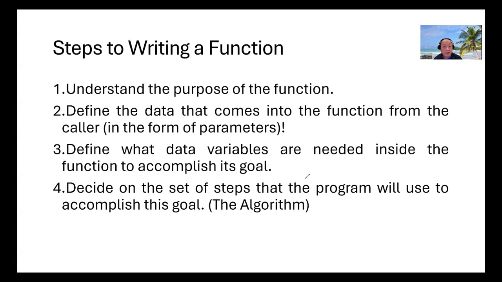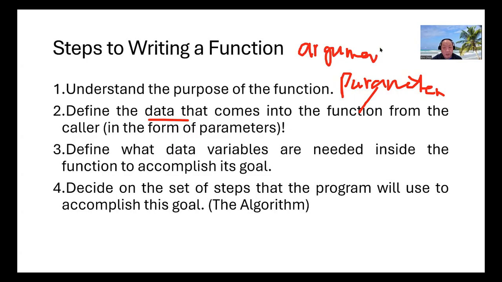And then you define the data that comes into the function, which we call parameters. The data that goes into the function, we call parameters. Sometimes we also call them arguments.